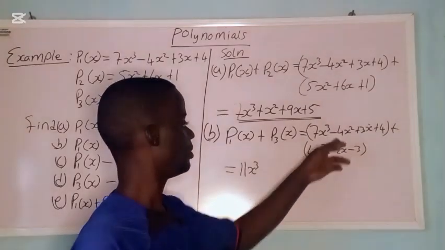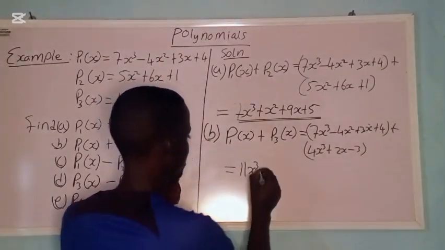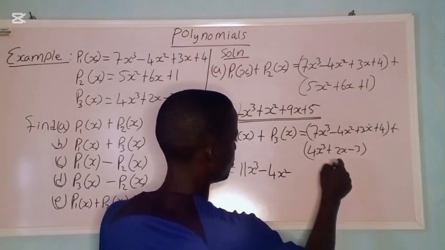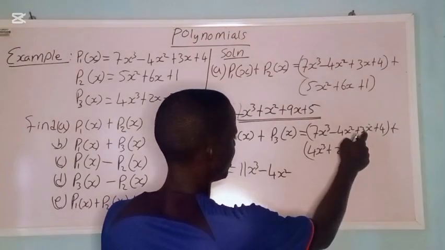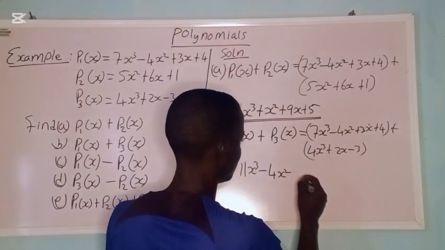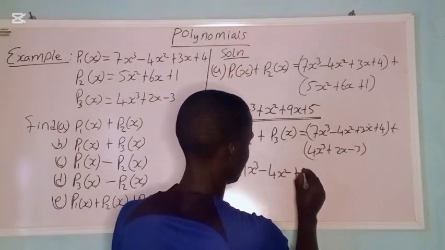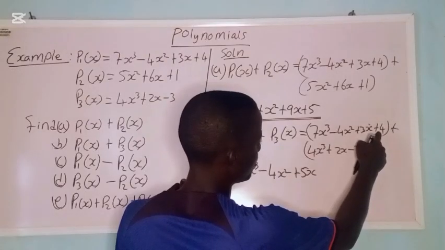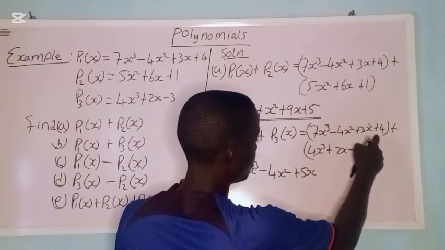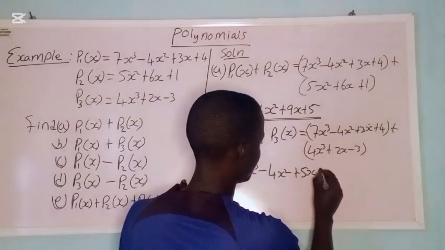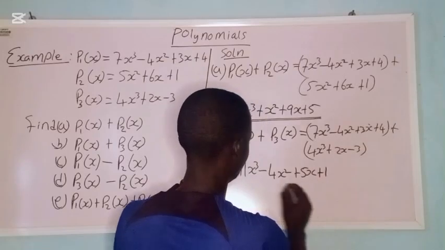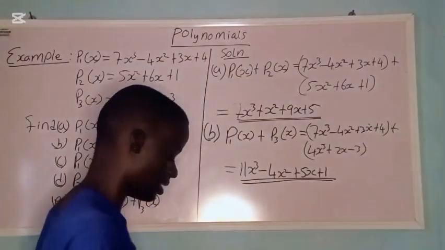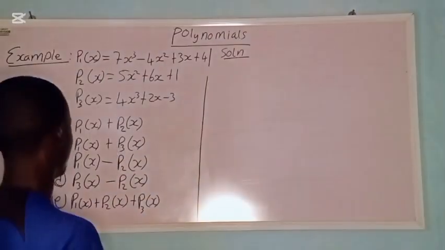So we'll pick this one and just put it as minus 4x squared. Now we come to this one, 3x plus 2x, so we'll have plus 5x. Then 4 plus minus 3 will now be plus 1. That is the answer.